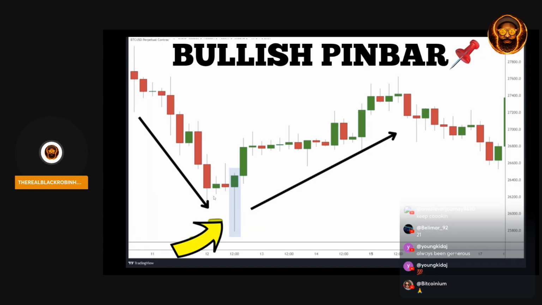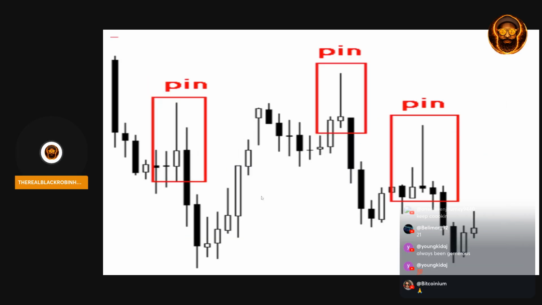And at some point, this was a red candle that was pushing down to like 25,700. And the bulls came in and erased all the bearishness and it closed as a pin bar. So now if you see this, you can buy here and look at the run up, right? So this is how you use it in real time.